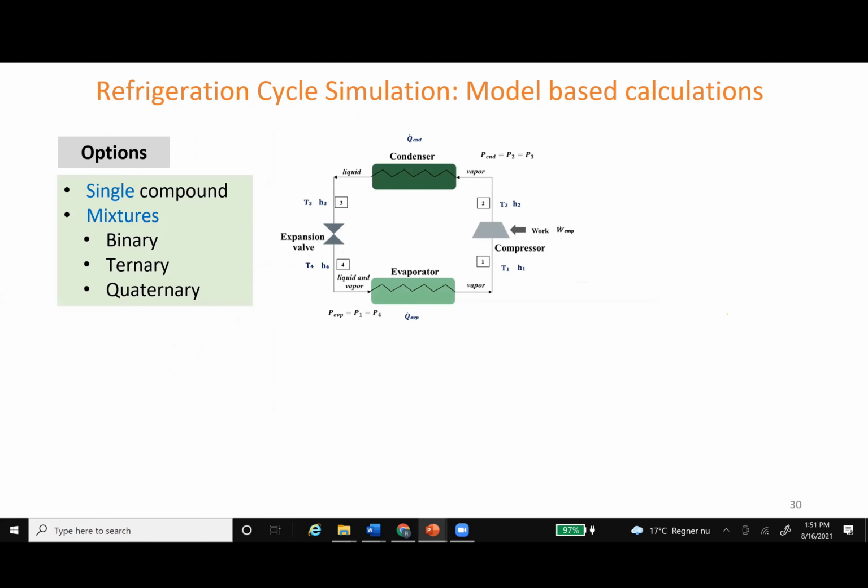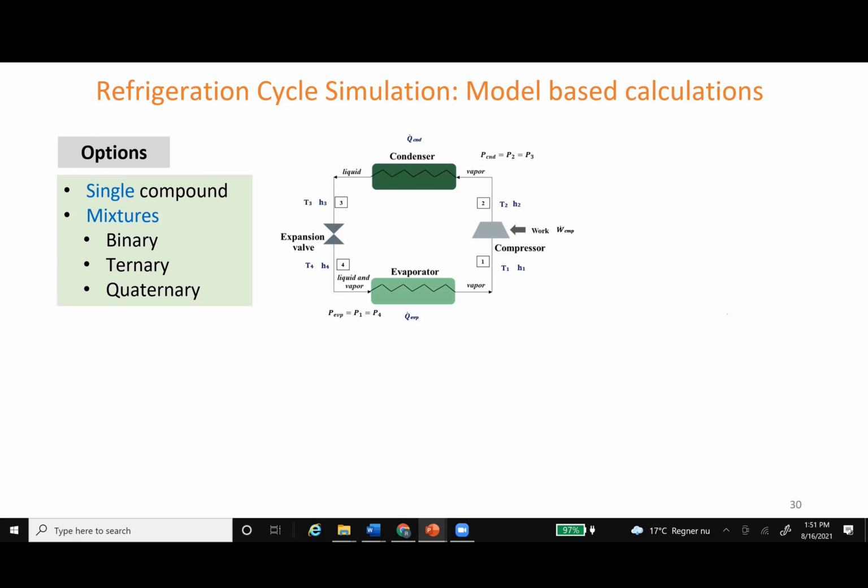For every cycle, the number of cycles to get simultaneously is only 1 cycle, but this can be repeated for 2-cycle operation, 3-cycle operation, and so on. So the simulator can handle single compound, binary mixtures, ternary mixtures, quaternary mixtures.